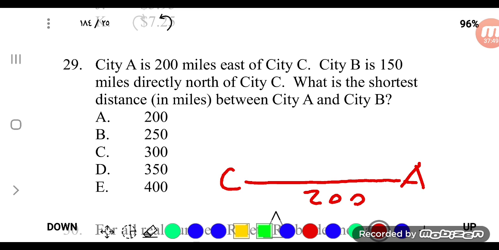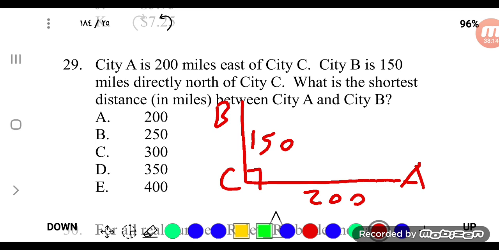Now city B is 150 miles directly north of city C, which means city B should be here, and this is 150 miles away from city C, north of city C. So this means this angle is a right angle.